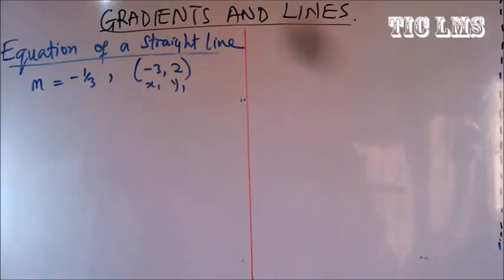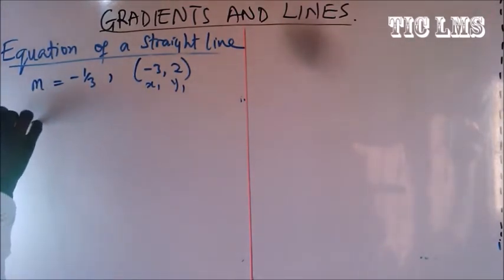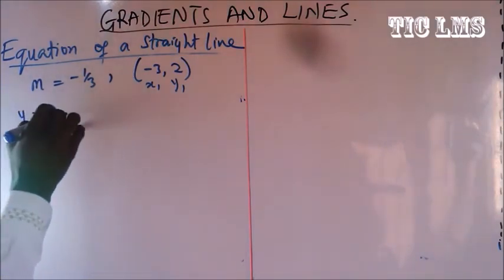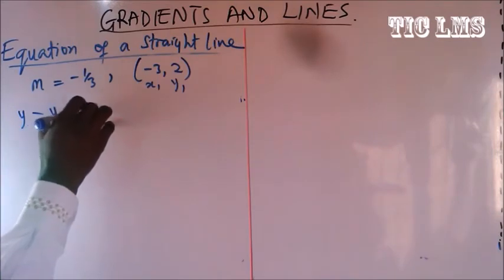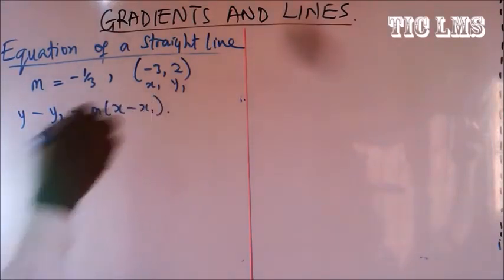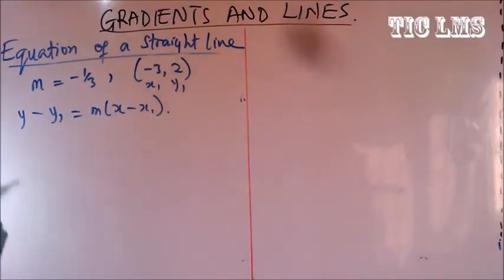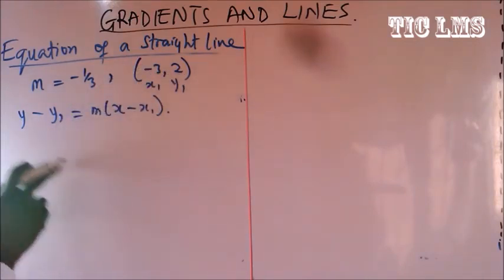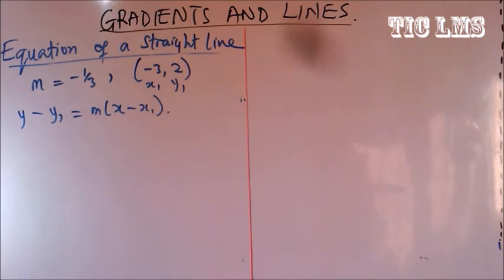We could take the equation y minus y1 equal to m into bracket x minus x1. In this case, the line passes through this point and also a general point, in which this y and this x indicate the general point.